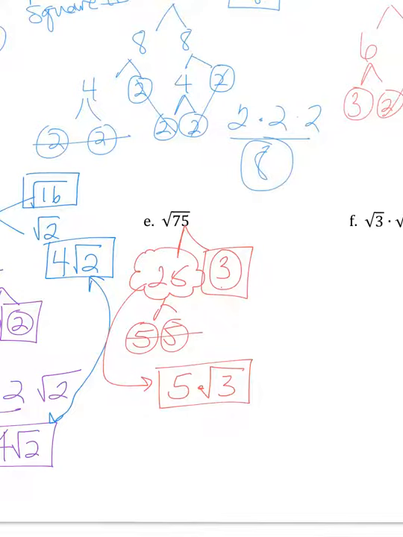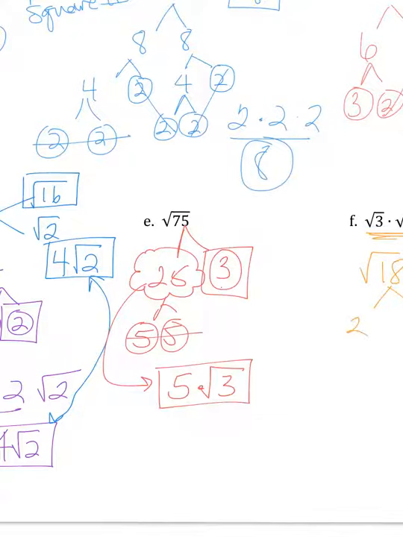All right, moving on to our next example here. Pick a different color. When we see something that looks like this example right here, we're going to first take those two radicals, or square roots, and we're going to multiply them together. So the square root of 3 times the square root of 6 is actually the square root of 18. Now I'm going to break down or reduce that, or do my factor tree for 18.